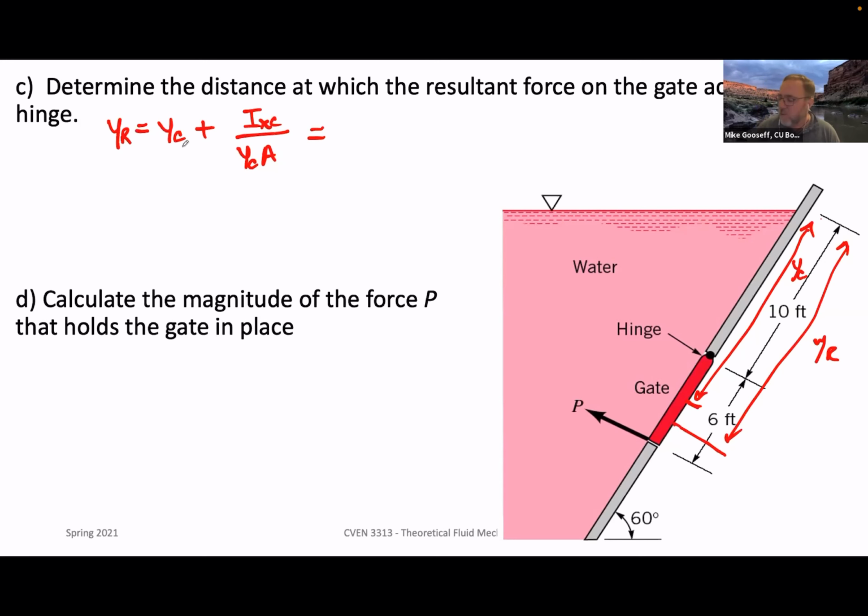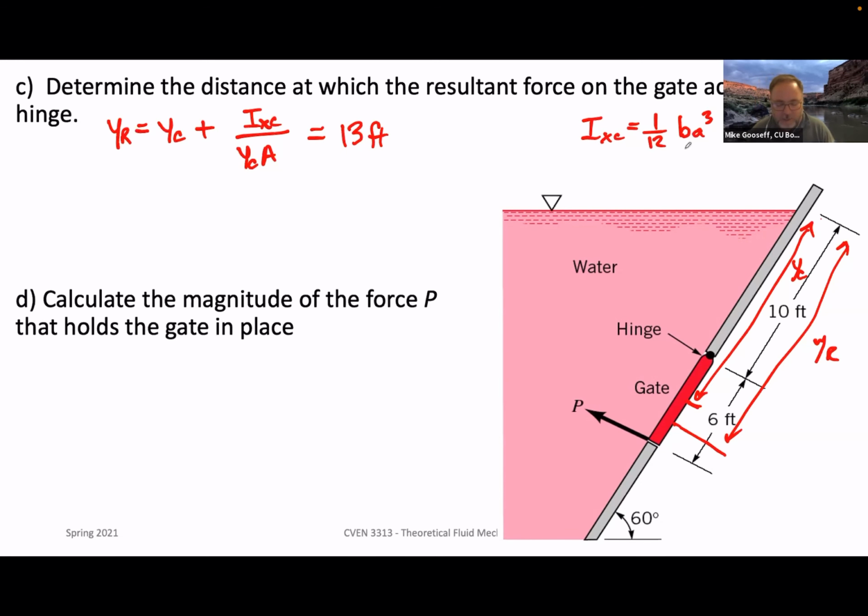Okay, so y sub r is equal to, we said y sub c is 13 feet. And then our moment of inertia would be equal to 1/12. And in this case, we have b times a cubed.